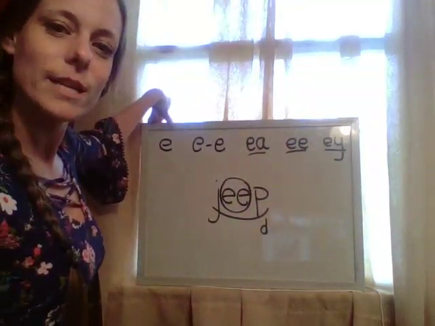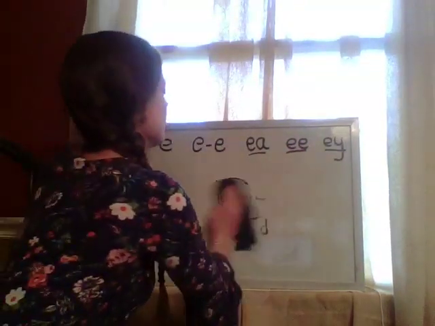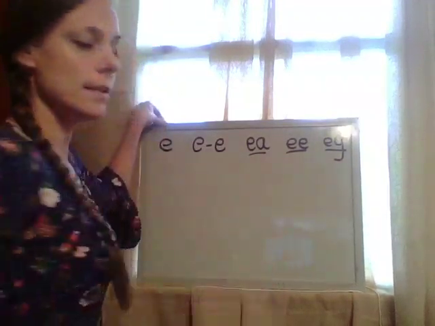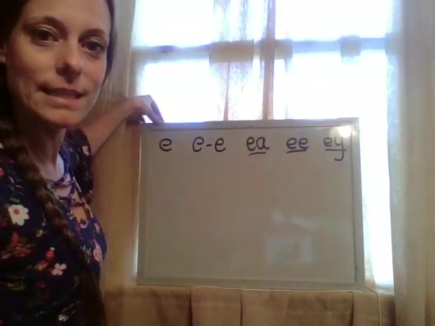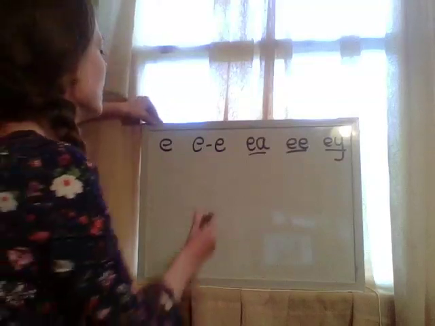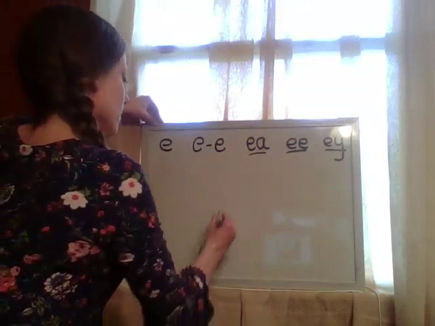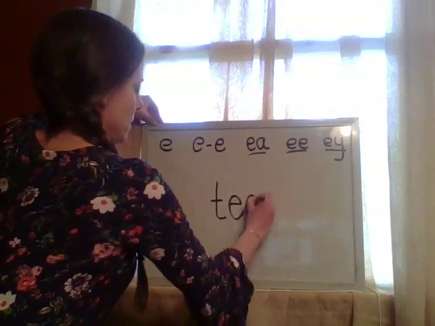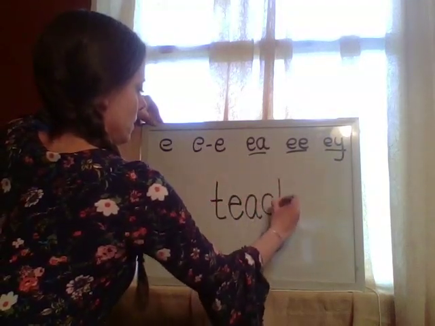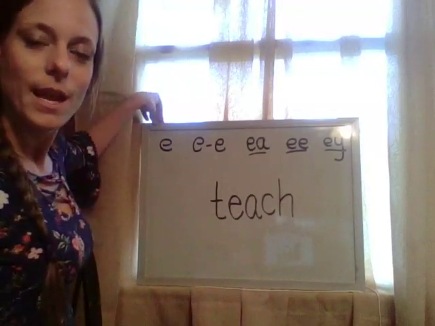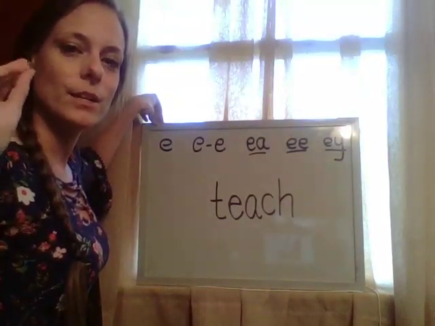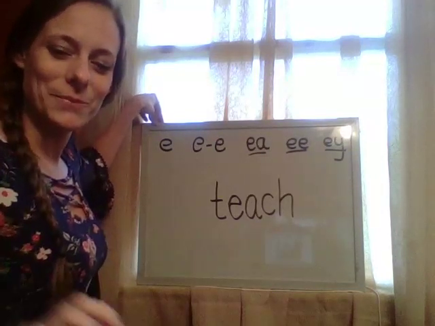Right? So let's see what kind of words we can come up with that have the long E sound in it with EA, EE, and EY. All right? So one word I'm thinking of is this word. Okay, elbows up and let's tap it. T-E-A-C-H, teach. Right?